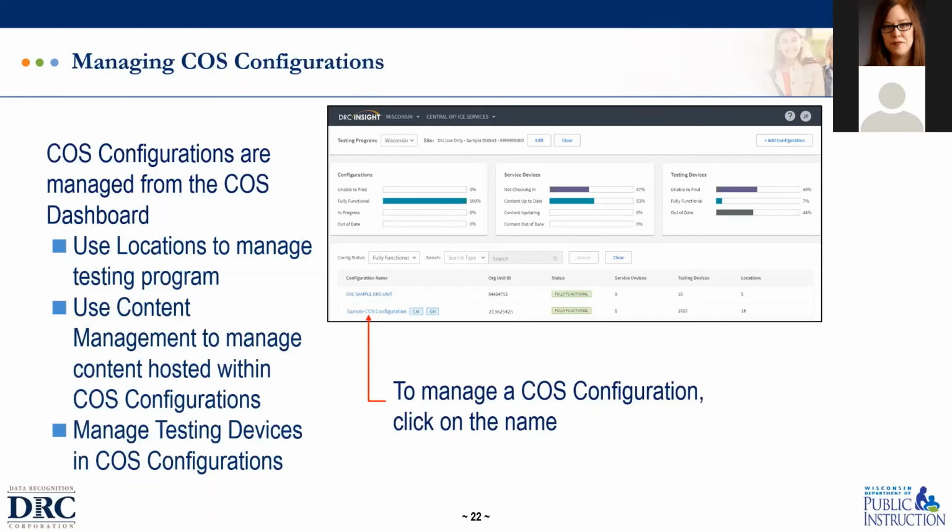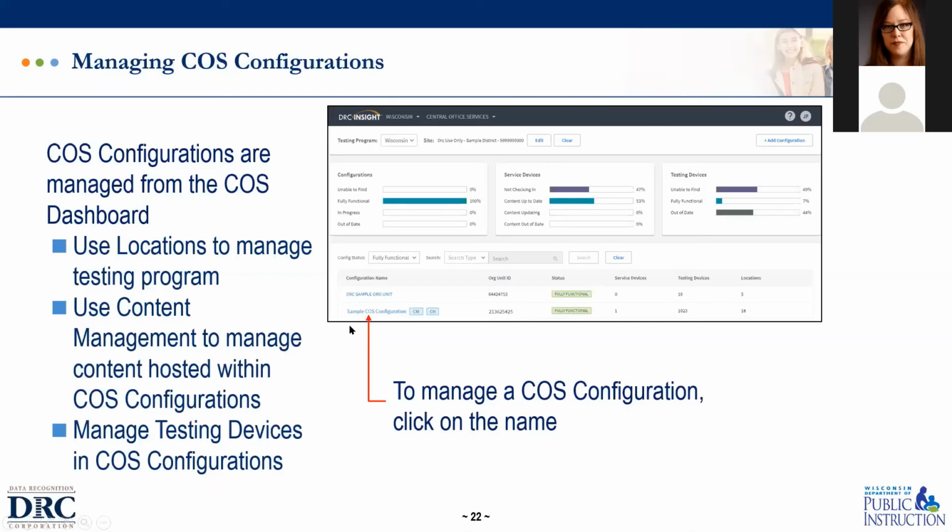Now that a COS service device can support multiple testing programs, so in your case, for example, the Wisconsin Forward exam and then the WIDA Access exam, how to add that to an existing configuration rather than having to start all over again. How to manage content within the site and indicate what content you want the COS configurations to be able to host, and then also how to manage and move around testing devices.